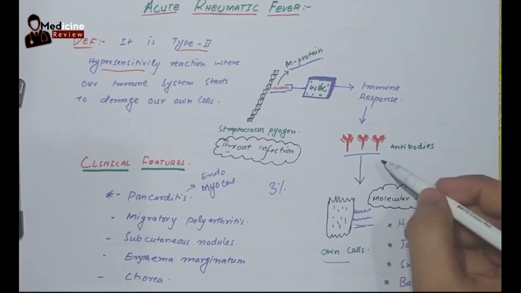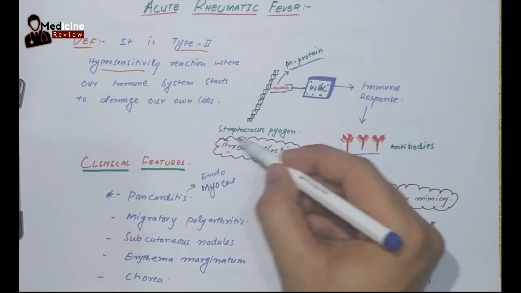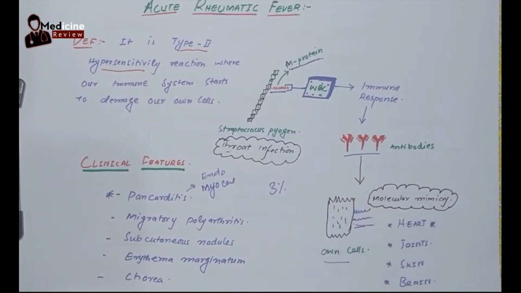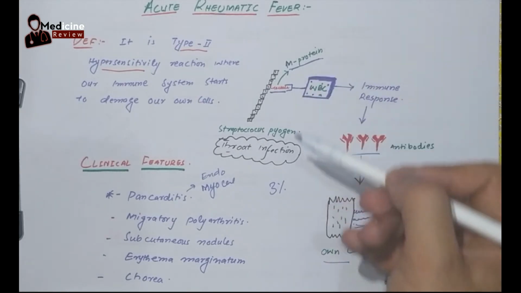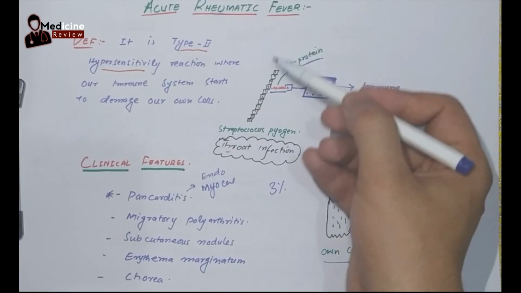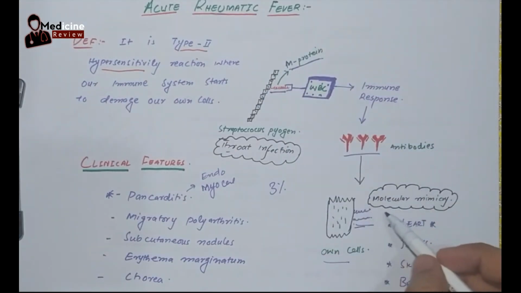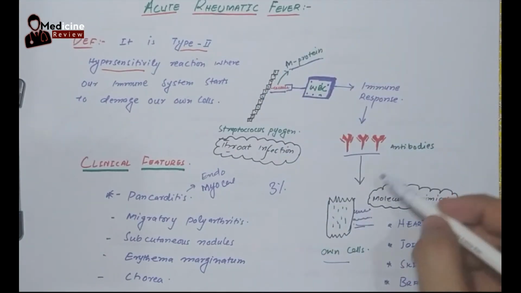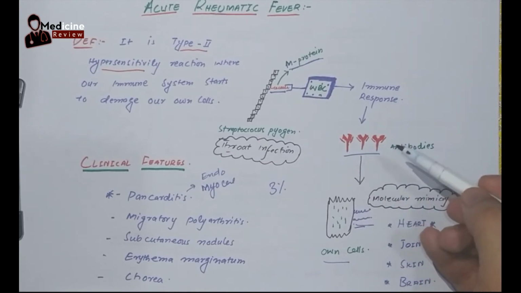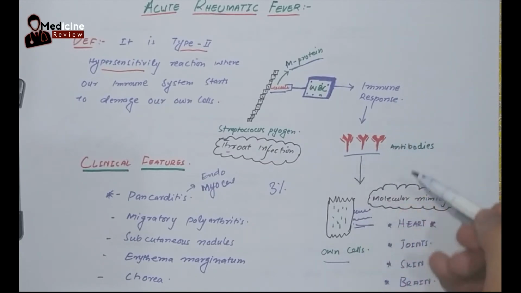These antibodies will destroy the M protein of Streptococcus pyogenes, but they will also destroy our own tissue, because some of our tissues like heart, joint, skin and brain contain certain molecules which look exactly like M protein and mimic it. This is called molecular mimicry. Because of molecular mimicry, our own cells are damaged by these autoantibodies. This condition is called acute rheumatic fever.